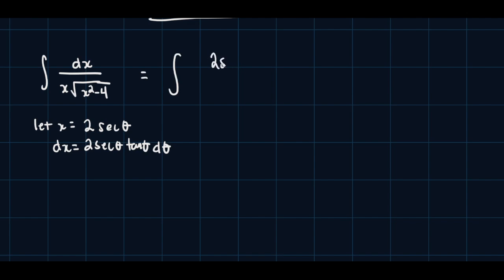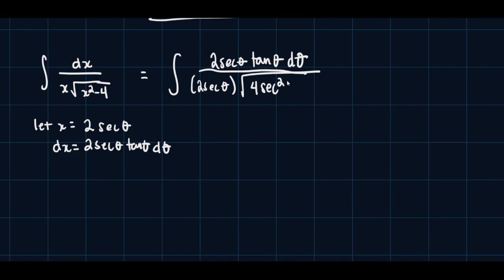Rewriting this as 2 secant theta tangent theta d theta all over x is 2 secant theta and square root of 4 secant squared theta minus 4. Again, this is equal to 4 tangent squared theta, or 2 tangent theta after extracting the square root.